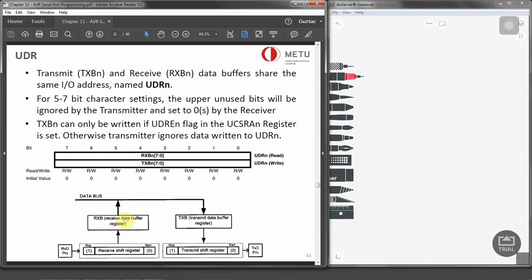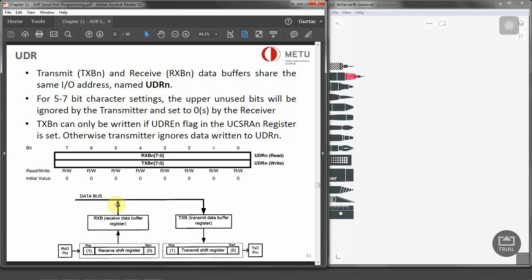Each of these shift registers has a buffer that is connected to it directly. These buffers are called the transmit data buffer register and the receive data buffer register. And they share the same I/O address. We have to be careful over there, as they are sharing the same I/O address, which is UDR.